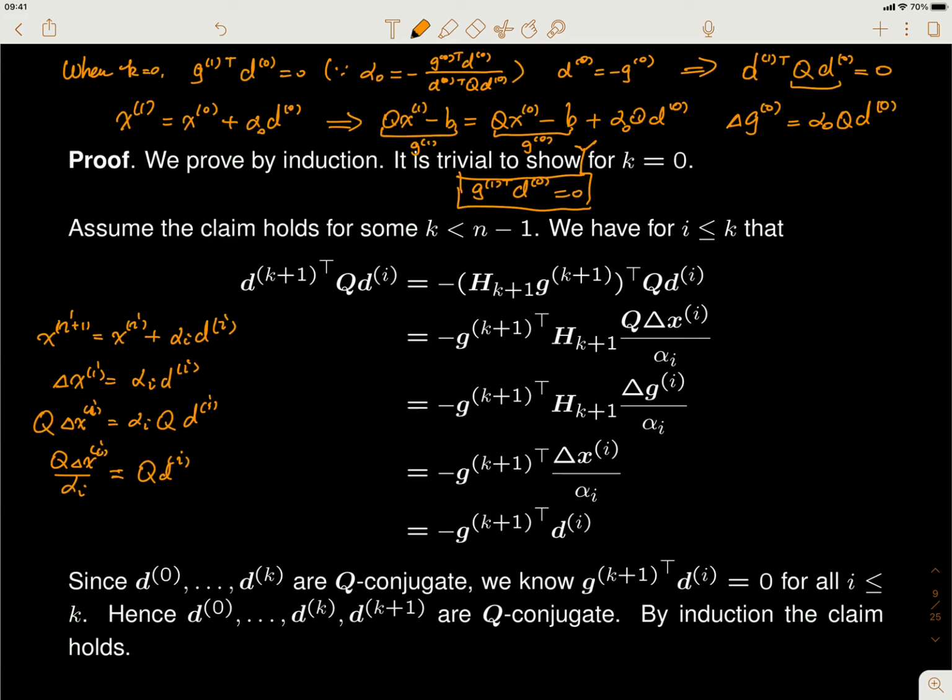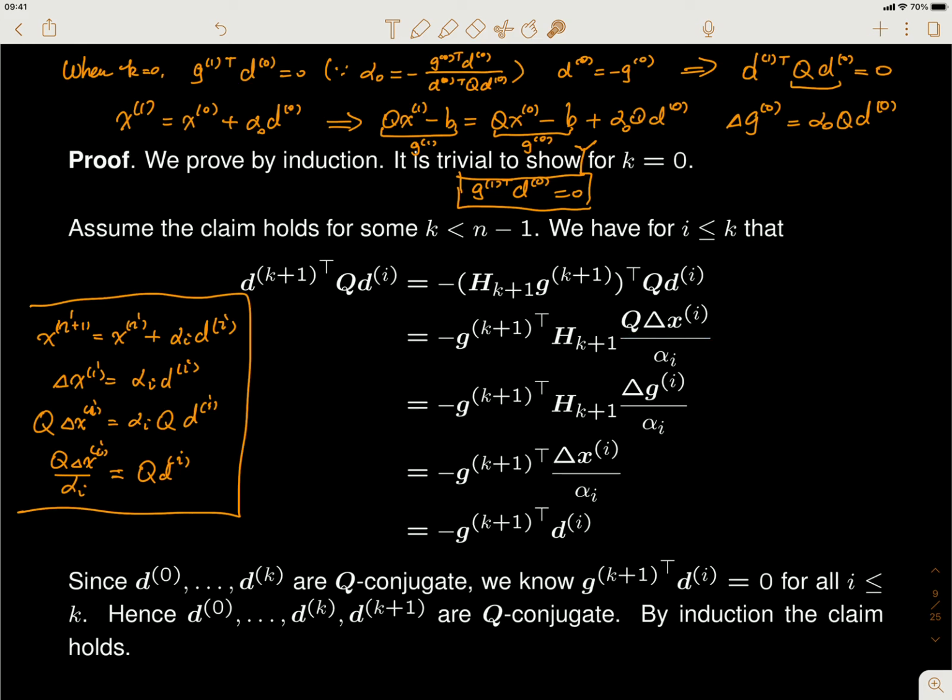Okay, so this part implies this term will become this. Now recall that the Q delta XI is always just equal to delta GI.